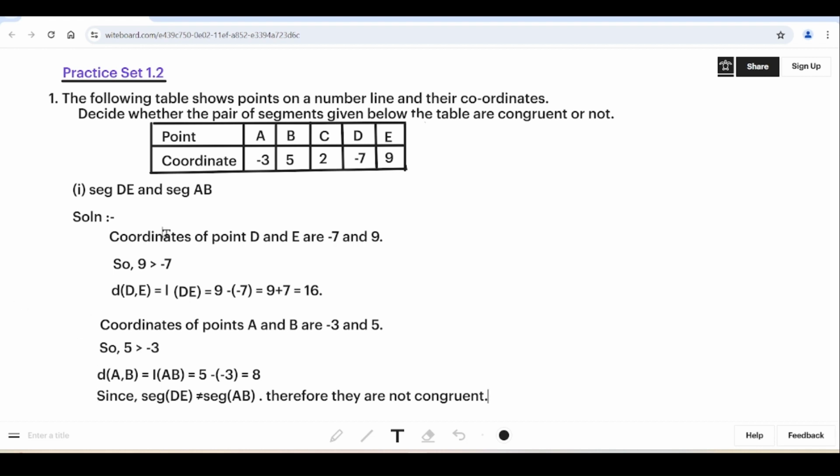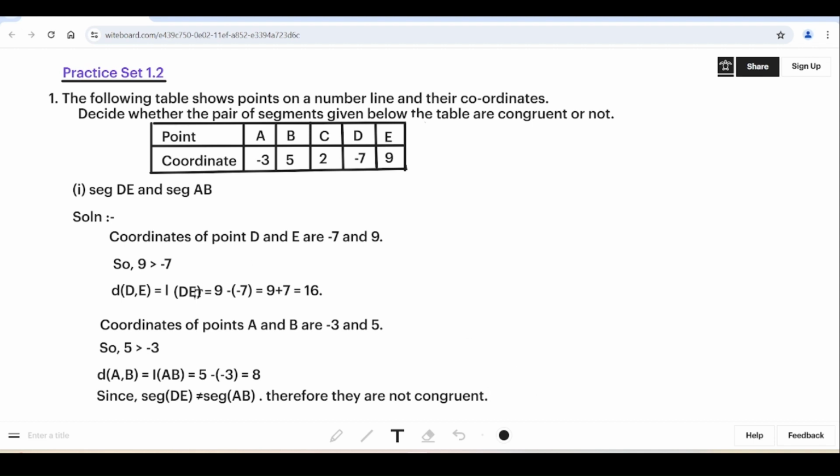So in this way, from the coordinates of the points, we can get the length of the segment, and from the lengths we can compare them. It is 16 and 8. So those are not equal. Therefore, they are not congruent segments.